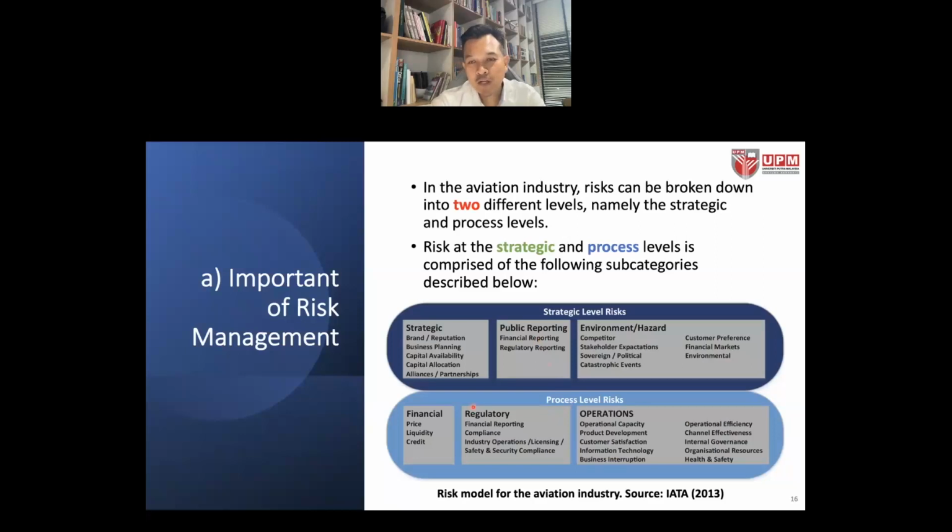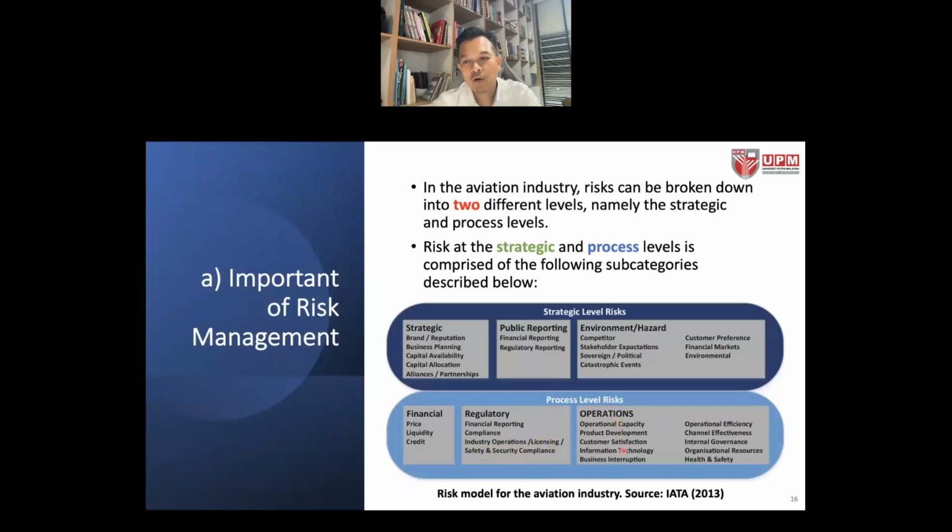In terms of the process level risk, okay, it's divided into three: financial, regulatory, and operation. The financial includes price, liquidity, credit. Regulatory includes financial reporting, compliance, industry operation, licensing, safety and security compliances.